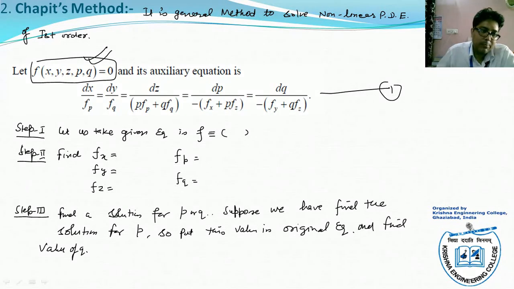So in this step we have the value of p and the value of q.